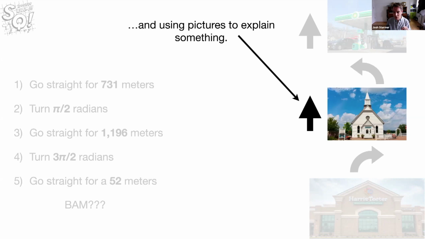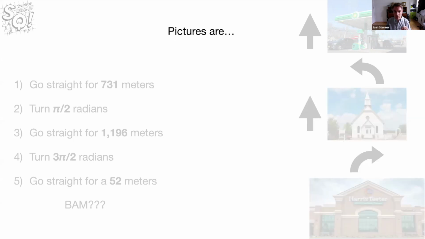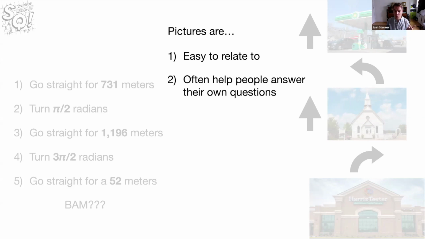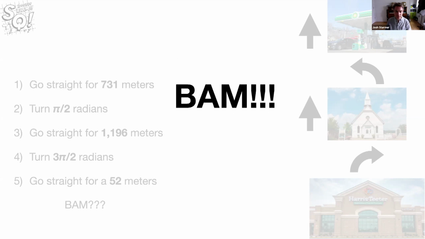And when we use pictures, it's a lot easier to remember because pictures are easy to relate to, often help people answer their own questions, and they're easy to remember. So bam!